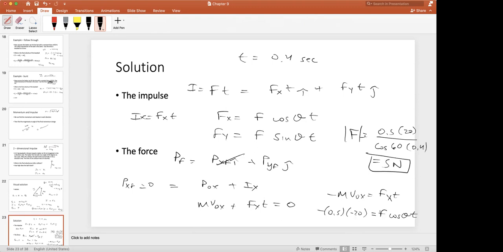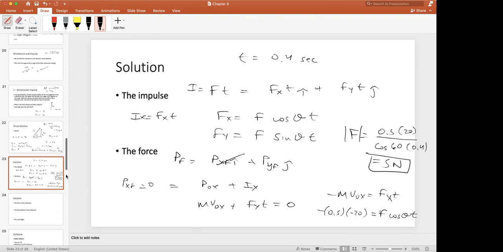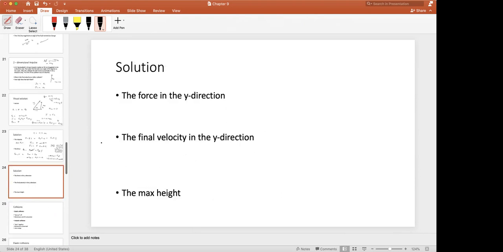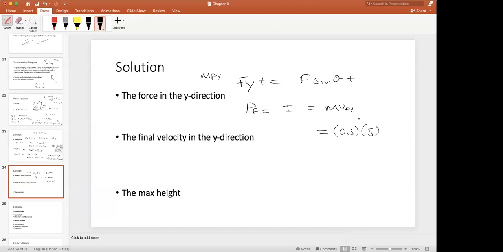Okay. What is the final velocity now? Knowing that, what's the final velocity? Well, that's easy because the force in the y times t is equal to F sine theta times t, and the final momentum is the impulse, which is equal to m v final of y.